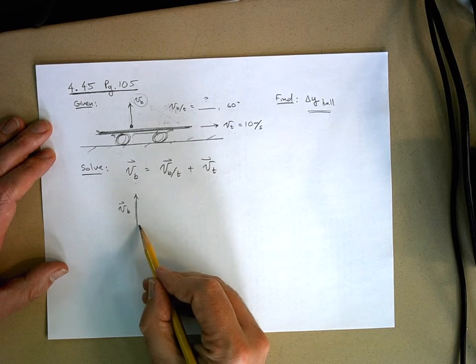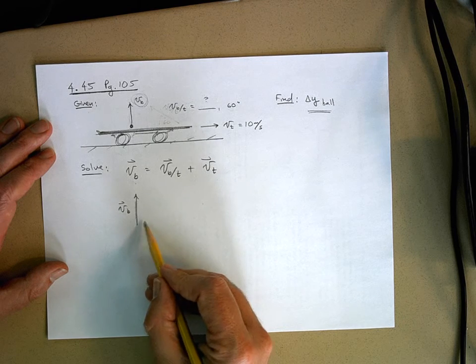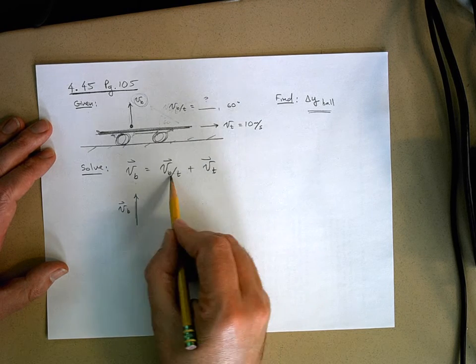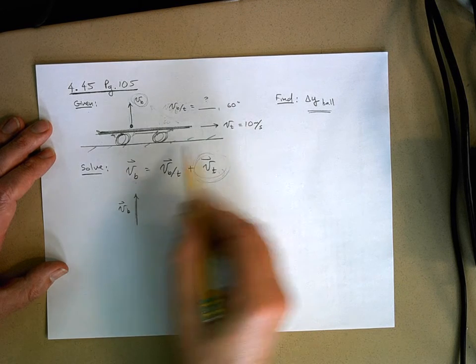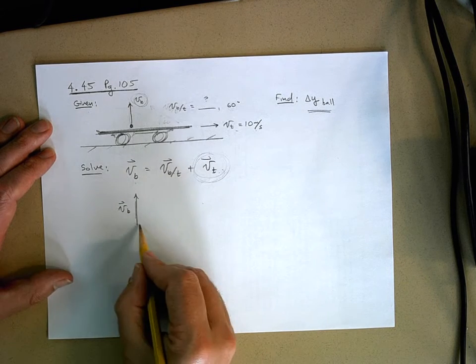So I have to add these two to get it. Now, it doesn't matter which order I add this. Let's add the one I know. I know this is 10 meters per second to the right, the way I drew it.